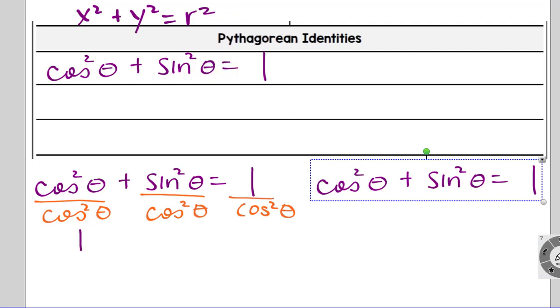And sine over cosine is tangent, so it's 1 plus tangent squared theta equals 1 over cosine is what? Secant. Why is tangent squared? Doesn't the squared cancel out? Not if they're different. So 1 plus tangent squared theta equals secant squared theta. That's my second Pythagorean identity.